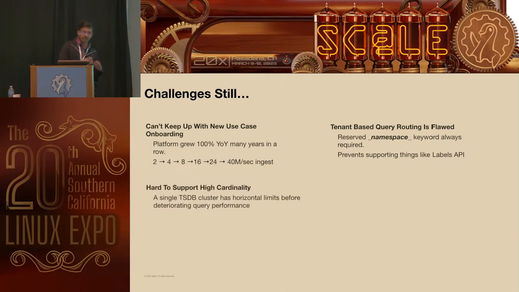Even though we are spreading out the cardinality into multiple shards, and we can create individual clusters for various tenants, if a tenant grew large enough, the query performance starts to degrade, because the only way in which we are solving the cardinality problem is by creating more shards.